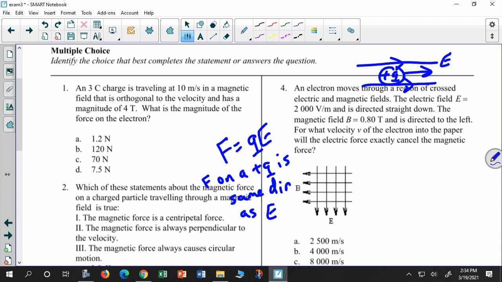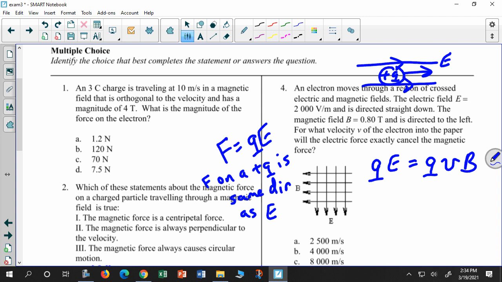Here I want to know, for what velocity of the electron into the paper will the electric force exactly cancel the magnetic force? So a couple of things here: I want to say that QE has to be equal to QVB. Because that's what it's saying.